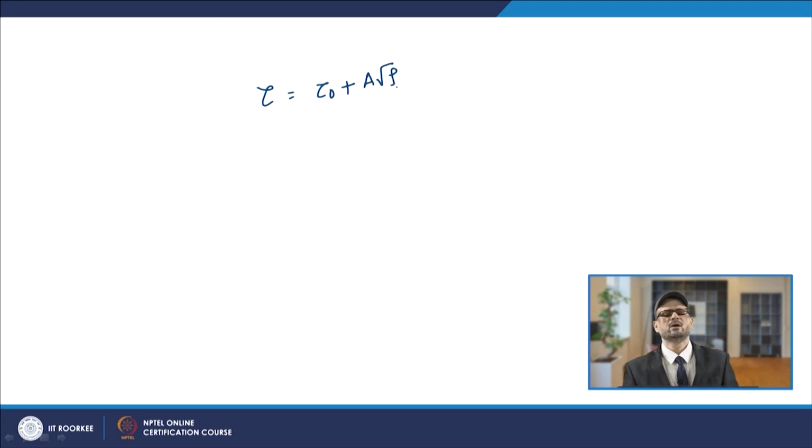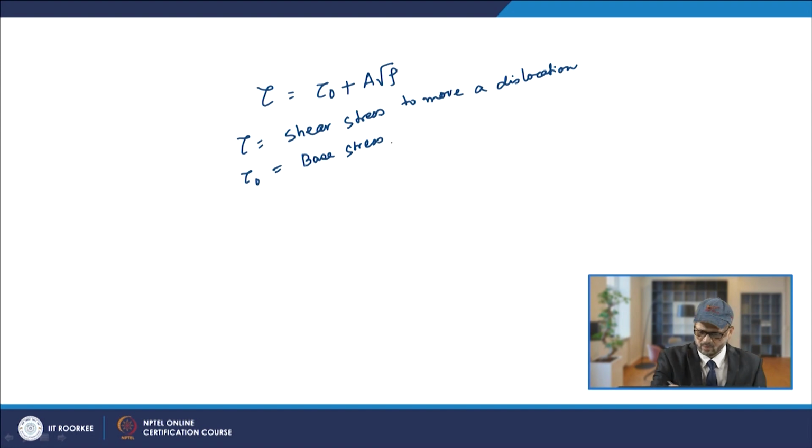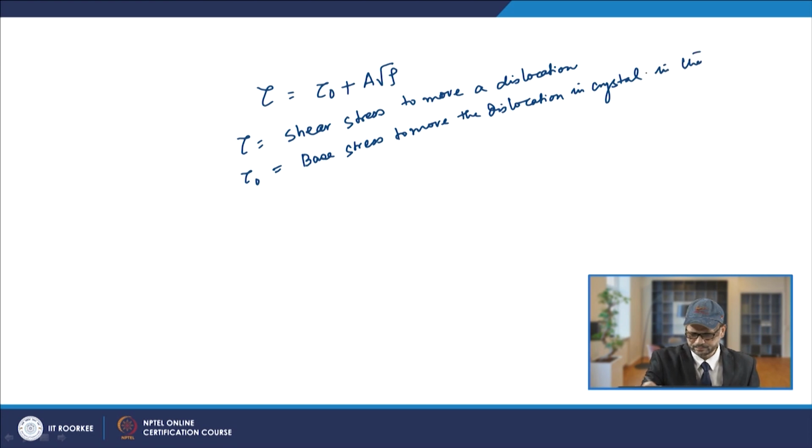Here tau is the shear stress to move a dislocation, and tau naught is the base stress to move the dislocation in a crystal when there is no other dislocation present, and A again is a constant.